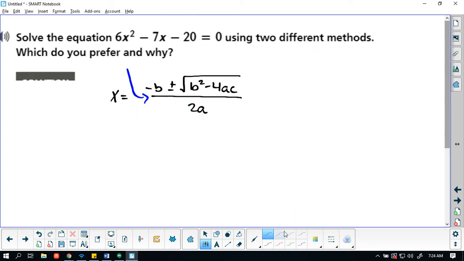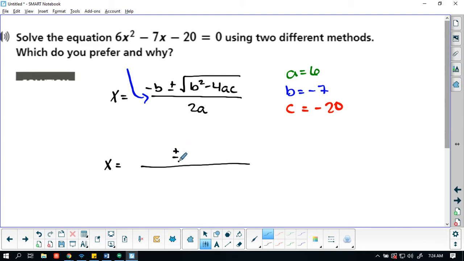All right, let's talk about my coefficients. A in this case is 6. B in this case is negative 7. And C in this case is negative 20. So let's start by saying x equals negative b plus or minus the square root. 4 is a constant, 2 is a constant, and let's start substituting my numbers in. 2 times 6.